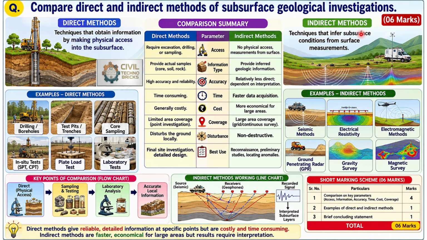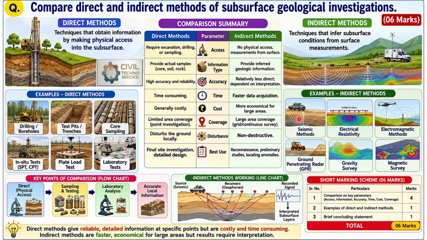On the other hand, indirect methods are techniques that infer subsurface conditions from surface measurements, meaning we don't excavate, but we get the information with advanced techniques like remote sensing, GIS, GNSS, GPS.